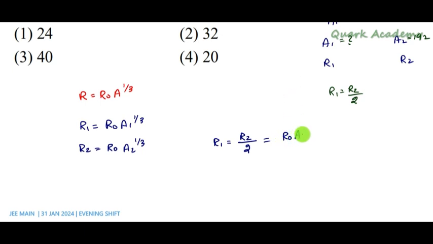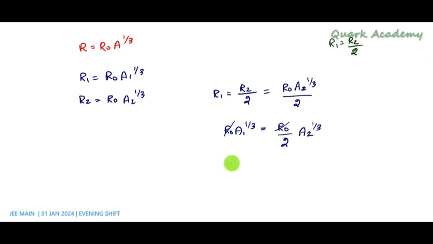R2 is R0 A2 power 1 by 3 and divide by 2. Now we'll substitute R1 also, which is R0 into A1 power 1 by 3, which is equal to R0 by 2 into A2 power 1 by 3. So we can cancel R0, R0. We want A1. We have to cube both the sides.